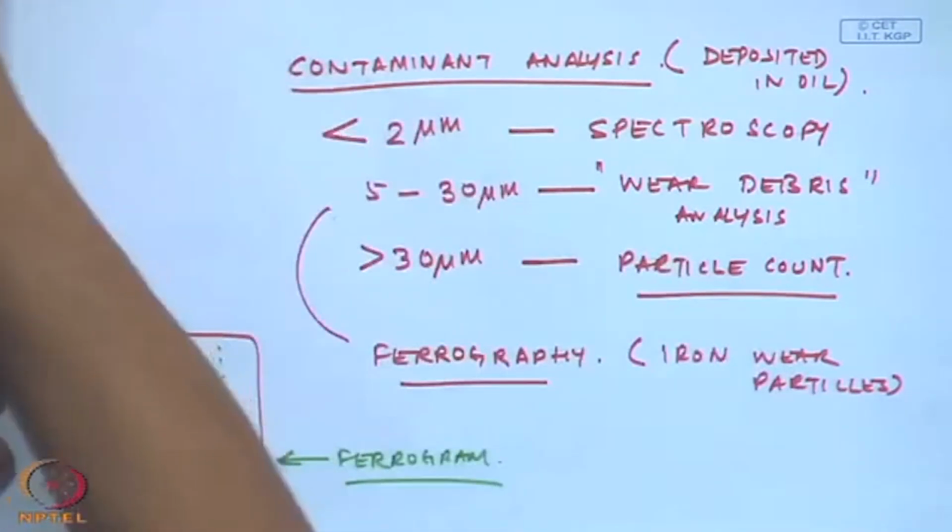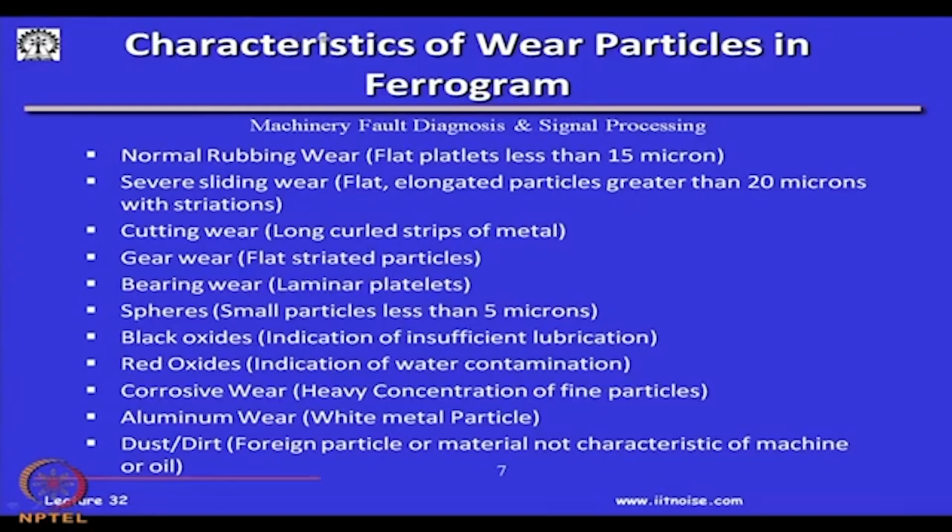So, if we look at the characteristics of wear particles in a ferrogram, usually normal rubbing wear means flat platelets less than 15 micron. If the wear becomes severe sliding, you will have flat elongated particles greater than 20 microns with striations, there will be a lot of striated marks. Cutting wear, long curled strips of metal which you must have seen in your workshop.